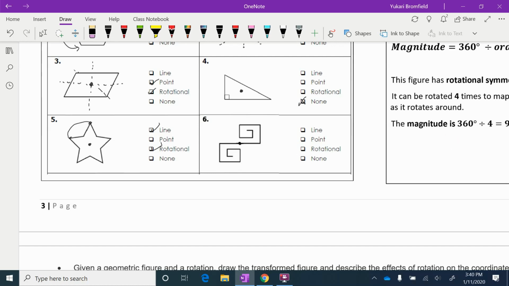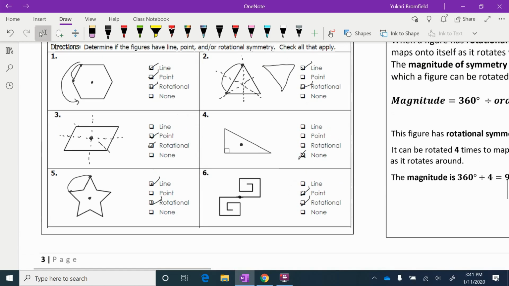So can I start here at the center and then move it 180 degrees? Yes, it would come back to its original shape. So it does have a point symmetry, and that means it's going to have at least 180 degree rotational symmetry. Okay, so I know that some people will have difficult time seeing it. So once again, try to use a wax paper if you can.